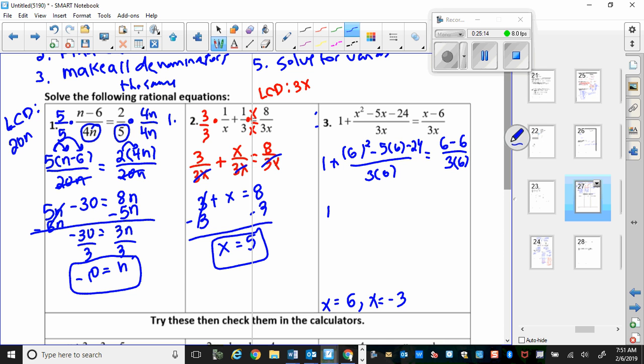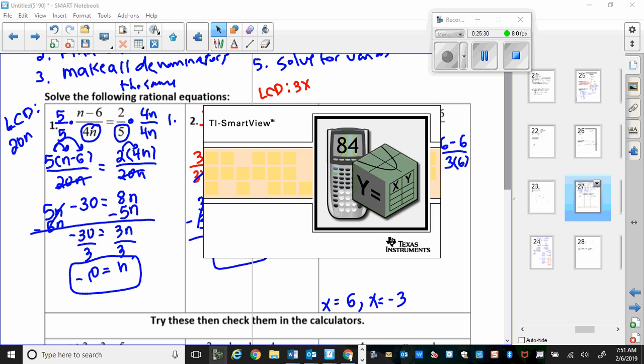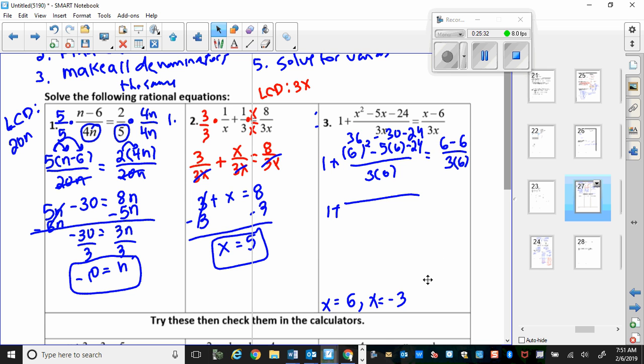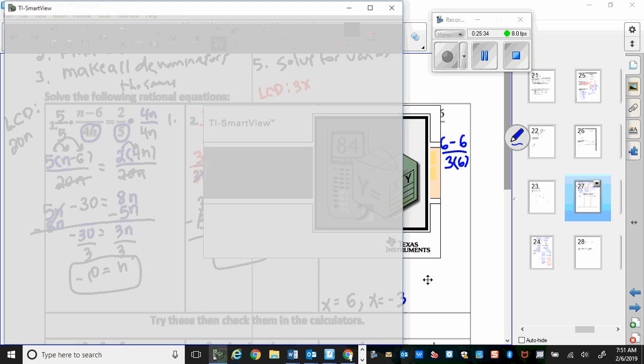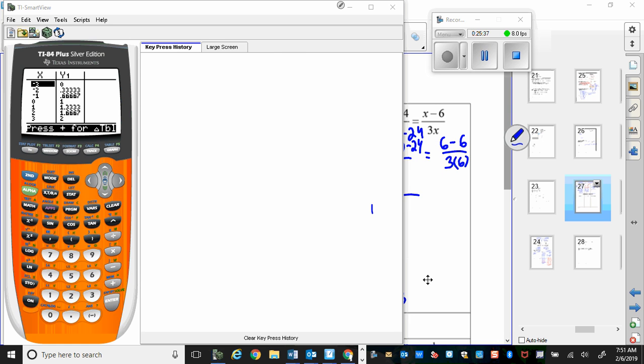So I have 1 plus the top, 36 minus 30 minus 24. If you can't do the math in your head, you probably should go to your graphing calculator here. In the meantime, I'm going to check out the bottom parts while I'm waiting for that to come up.